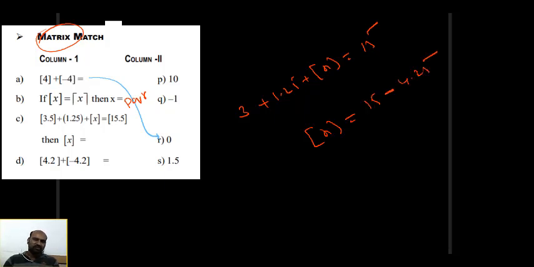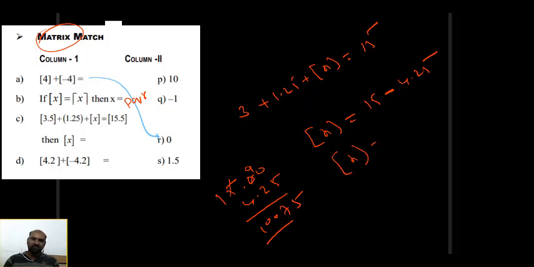Next question: step of 3.5, that is 3, plus step of 1.5, plus step x equals step of 15.5, that is 15. So step x equals 15 minus 4.25, which is 10.75.